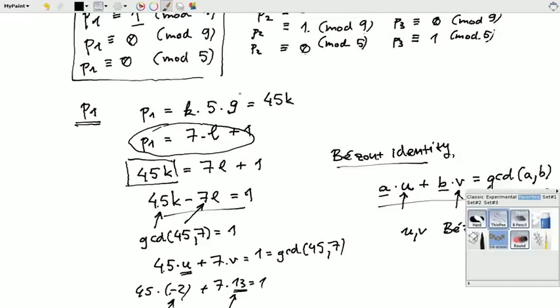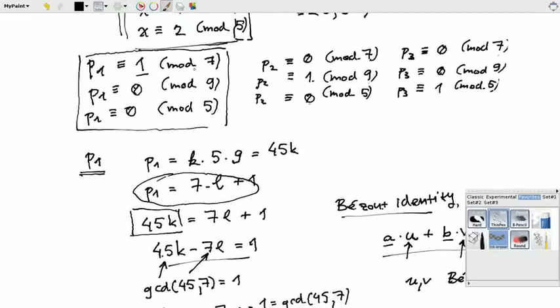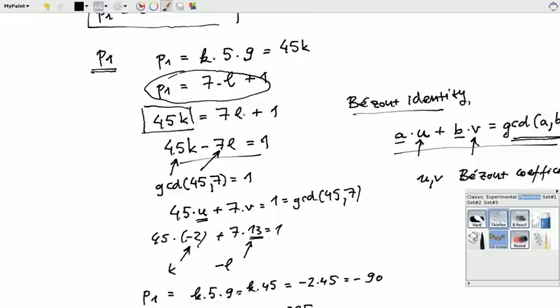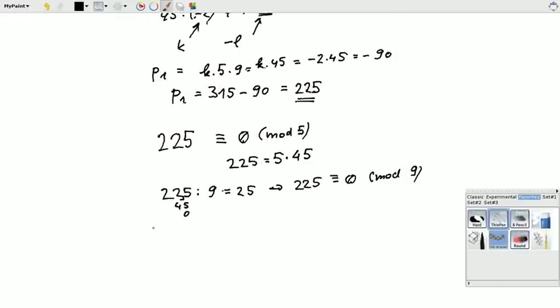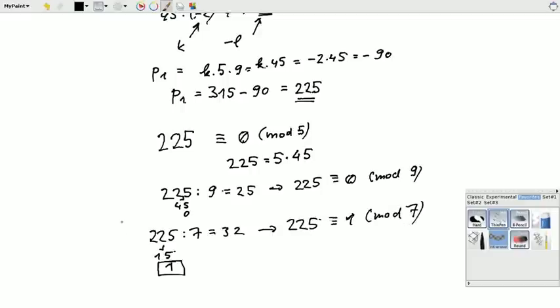Cool. And we also want it to be congruent with 1 modulo 7. So 225 divided by 7 is equal to 32, and the remainder is 1. Finally, we got the P1 we wanted so much.